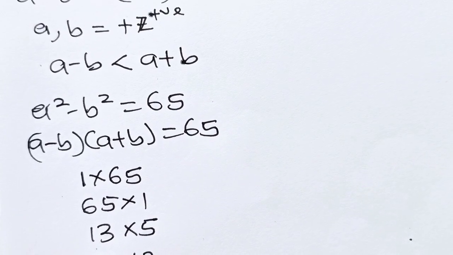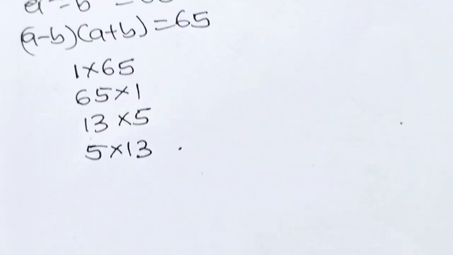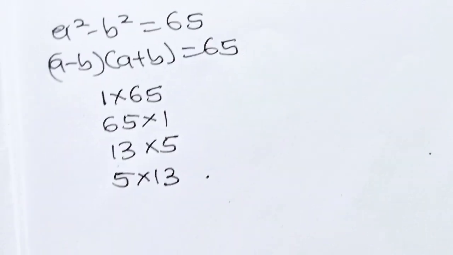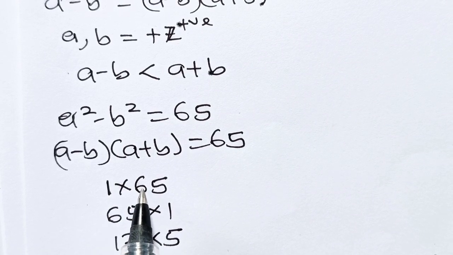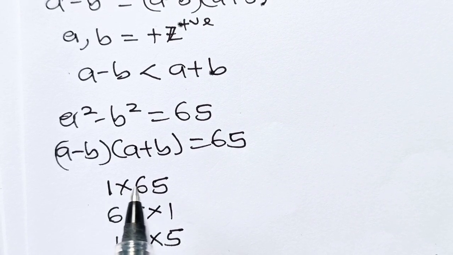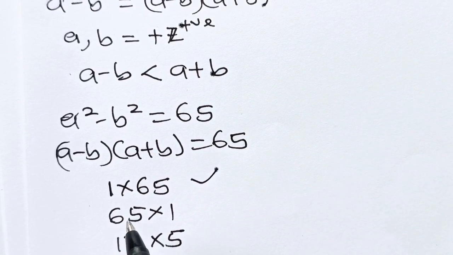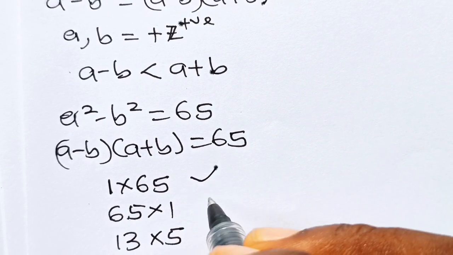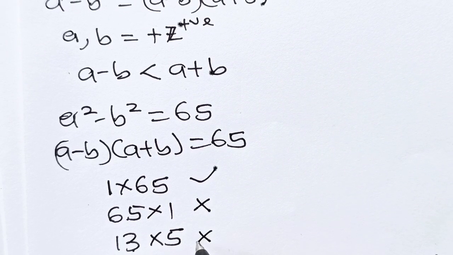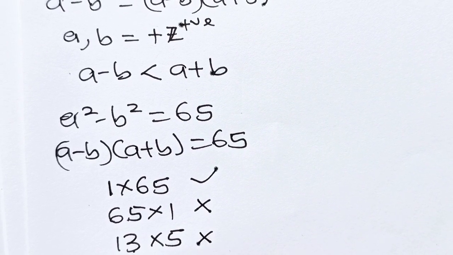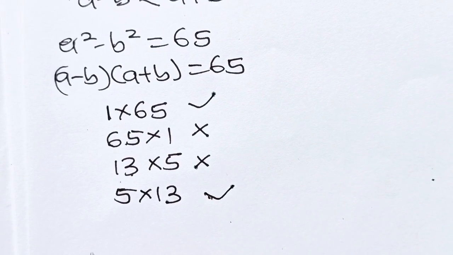Now recall that a minus b has to be less than a plus b. That means the first number is less than the second number, so we are going to take that. Here, 65 is greater than 1, so we cannot take this. Here, 13 is greater than 5, so we cannot take this, and here this is less than this, so we take this. Now it shows that we have two cases.